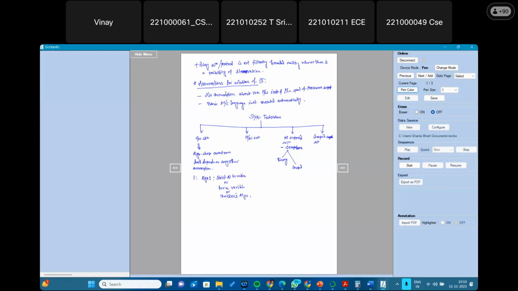So this is solution number 1. Then we have algo 2, use of a lock variable. Then we have algo 3, that is called Peterson's approach.